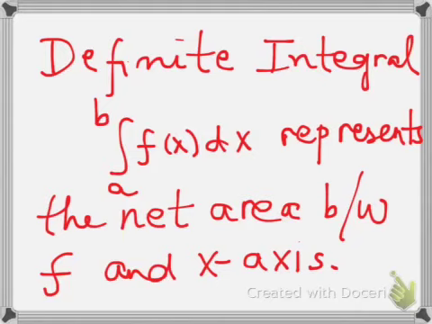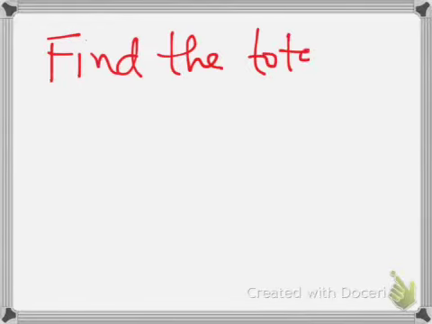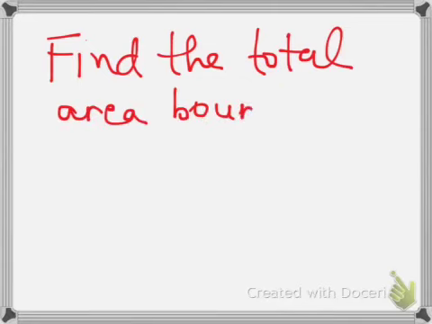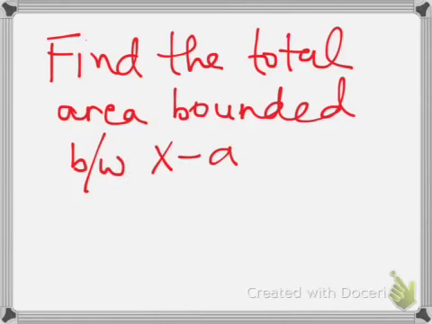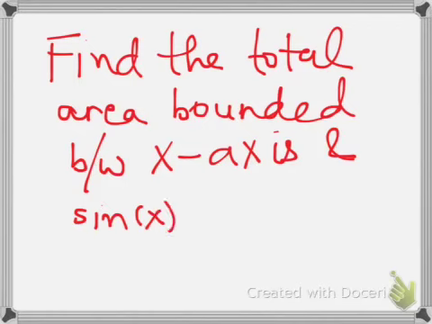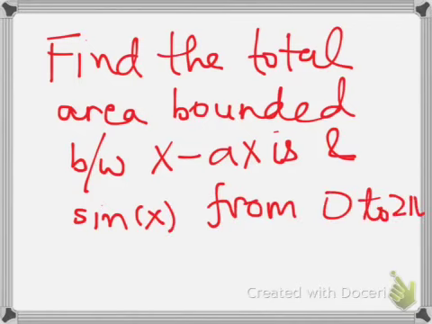Now if I ask you, same thing, find the total area bounded between the x-axis and sine of x from 0 to 2 pi, then what would you do? This is not net area.